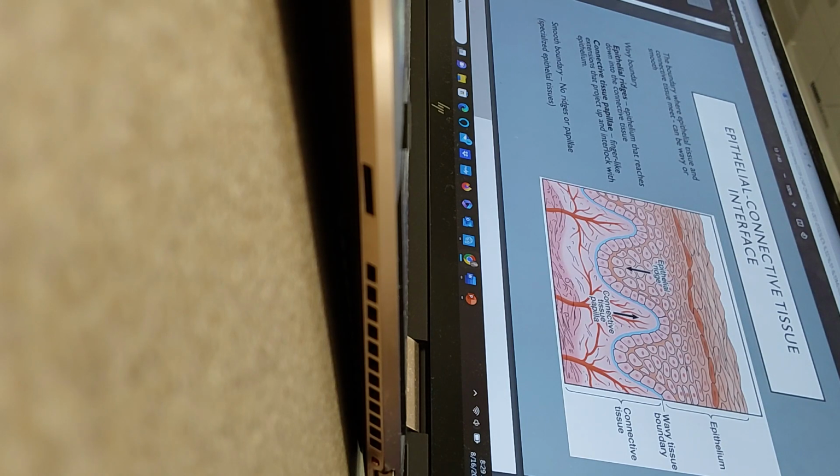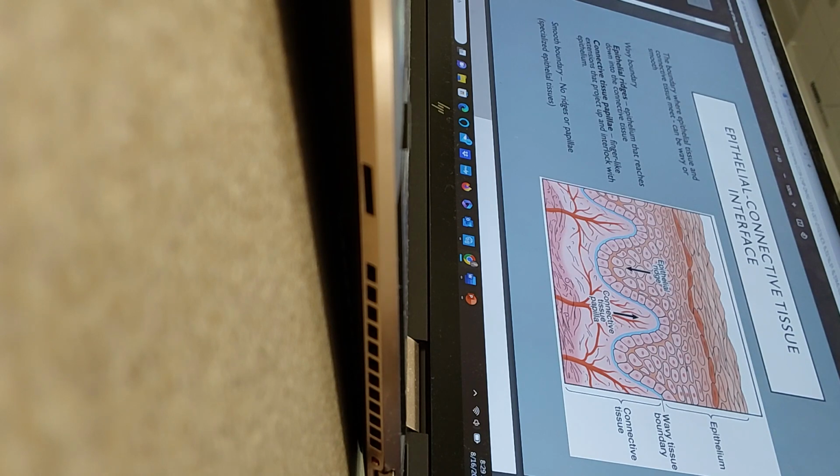I will show that to you in another picture too. Why would it be wavy? What would be the purpose of a connection being wavy? Okay, to provide more structure, right? So it's right here, epithelium, it reaches down, a wavy epithelial tissue provides the structure.